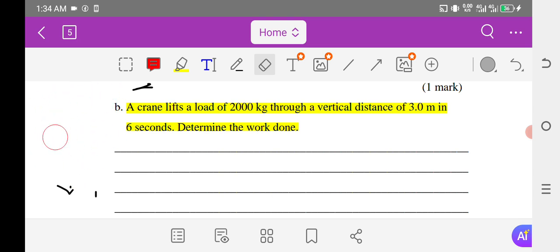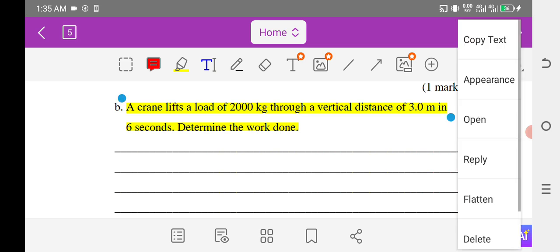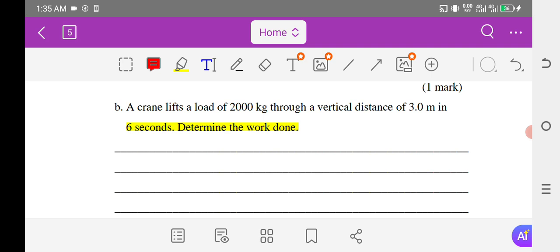So when work is being done through a height, such work is said to be done against gravity. Work done against gravity is found by using the equation work is equal to mgh: mass times acceleration due to gravity times height.